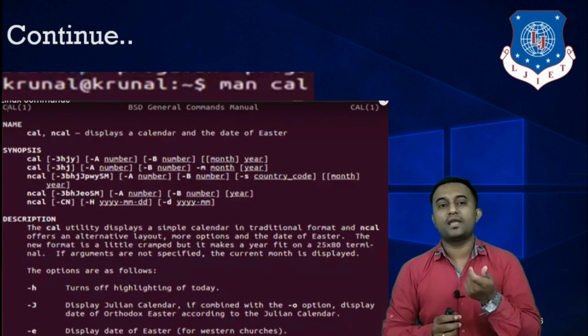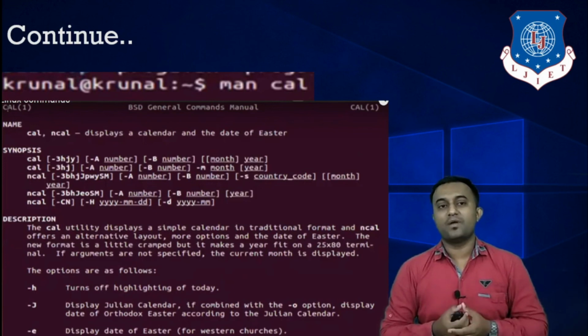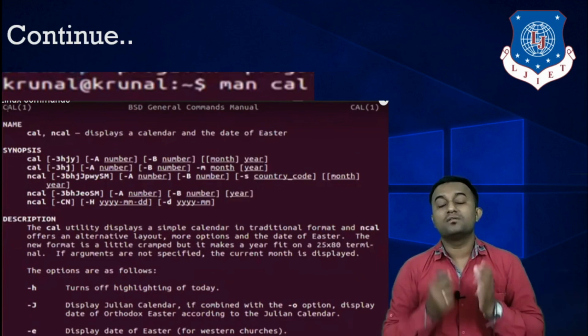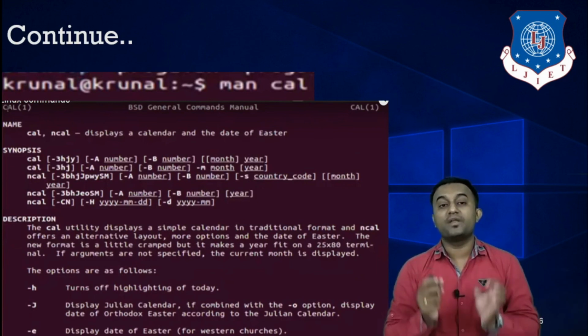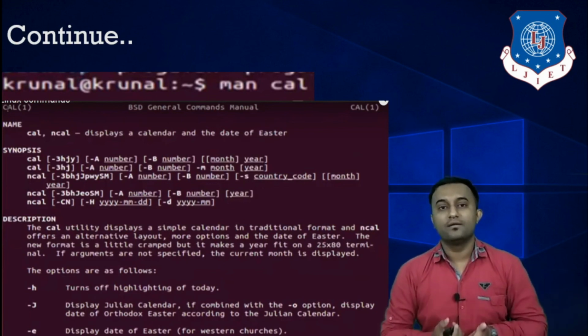What will calendar do? It displays the calendar. It gives the description with various options. If you use cal with -j, the calendar of a particular month will be displayed in Julian form.